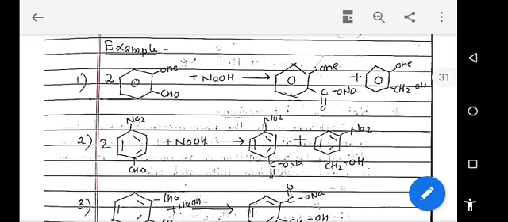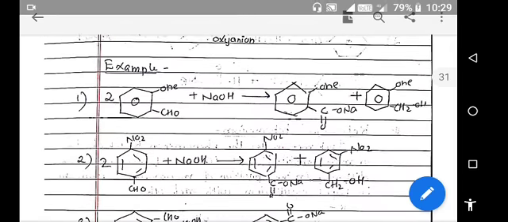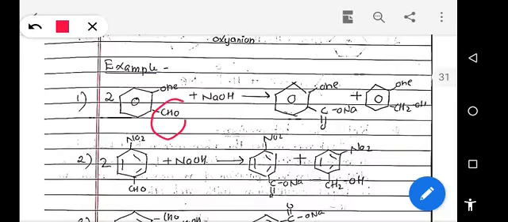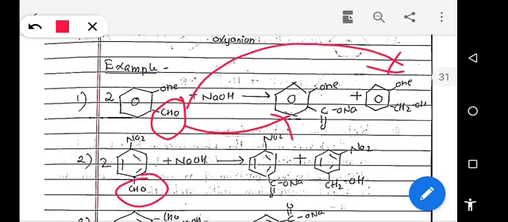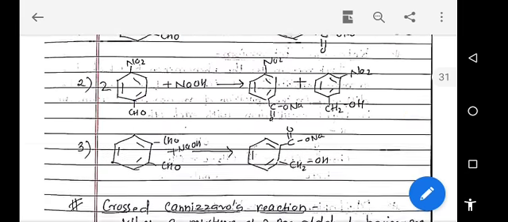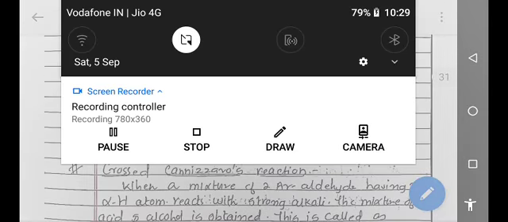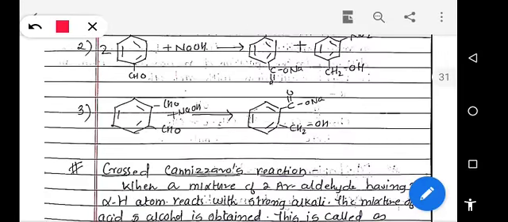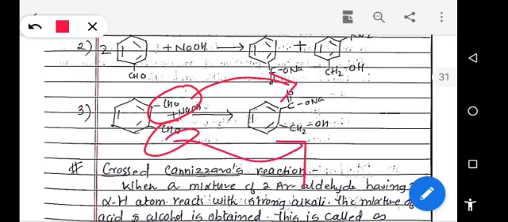Here are two molecules of aldehyde: one converted into the acid, another converted into the alcohol. Next, another example, one molecule having two aldehyde groups: one aldehyde converted into acid, another into the alcohol. So friends, this is the kinetic reaction.